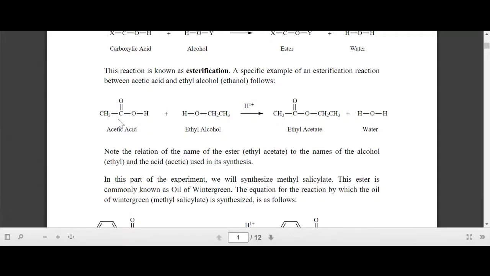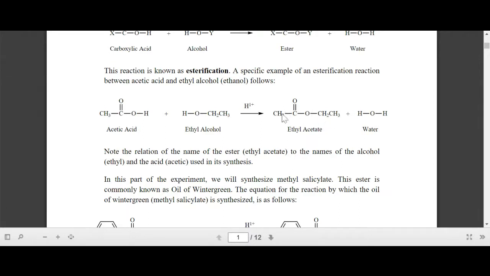On the left side of this reaction, you have two reactants: acetic acid and ethyl alcohol. Now, if instead of acetic acid I use benzoic acid with methanol, I would get a different size of ester, and the flavor or smell is going to change.